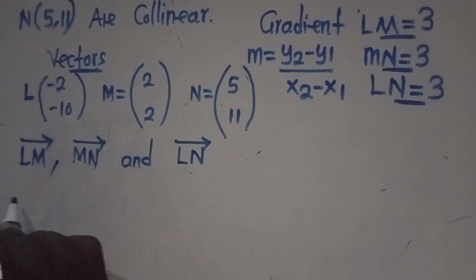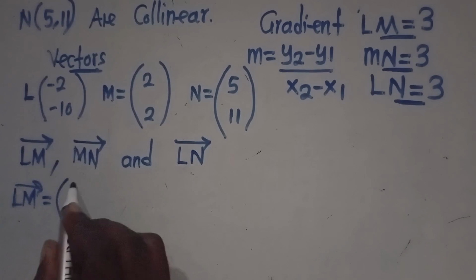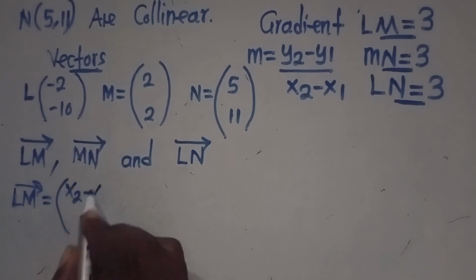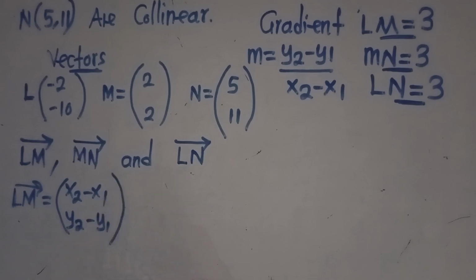The formula that you are going to use to find this is x2 minus x1, then down here, y2 minus y1. You subtract what is given on top.